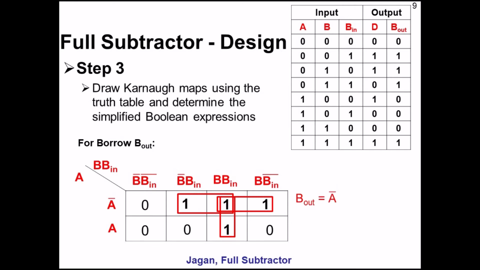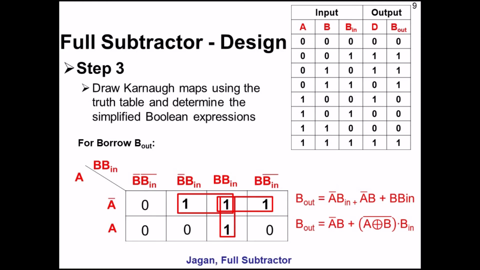The first expression is B out is equal to A bar Bin plus A bar B plus B Bin, and the next one is B out is equal to A bar B plus (A XOR B) whole bar into Bin.